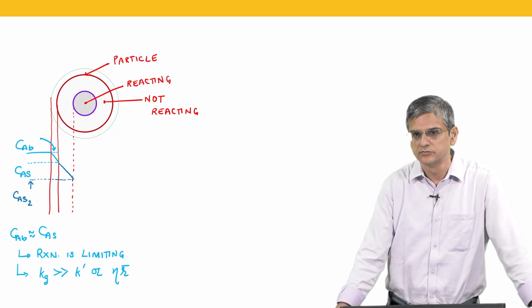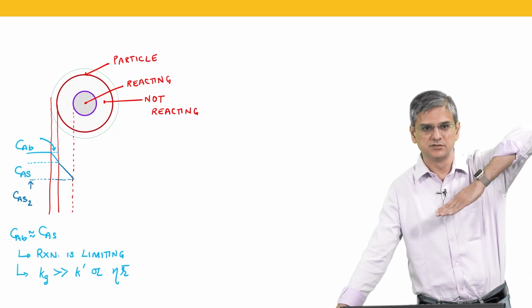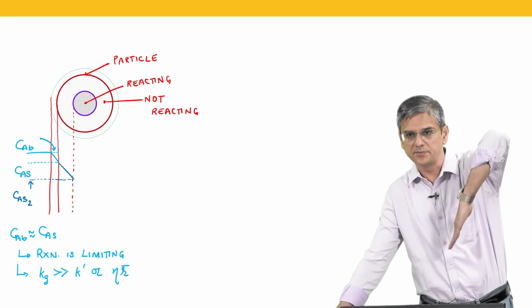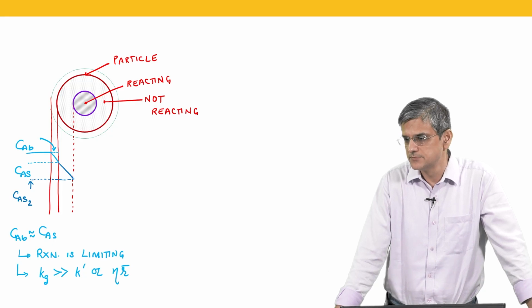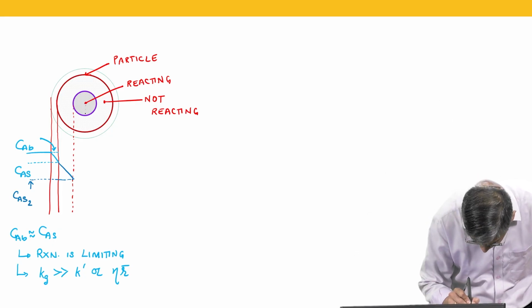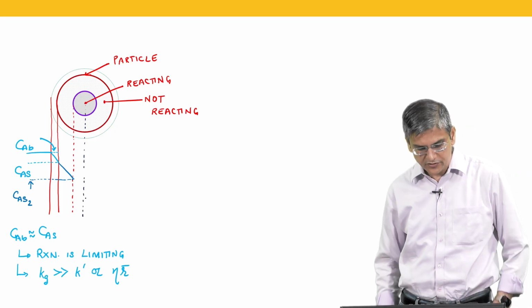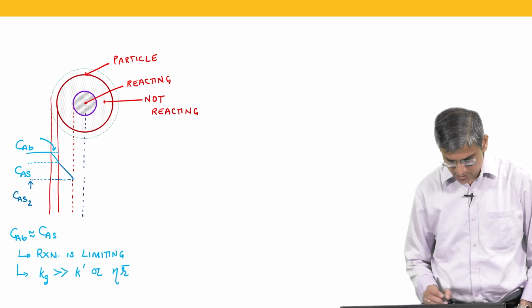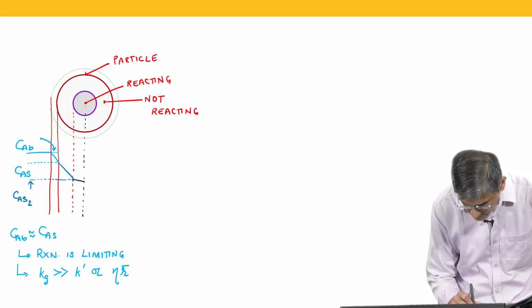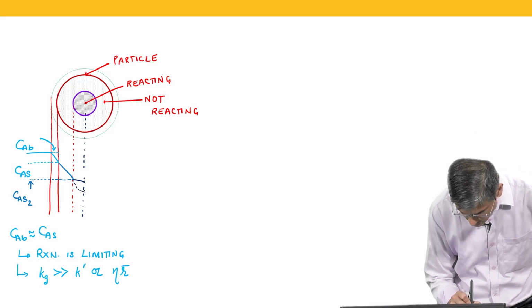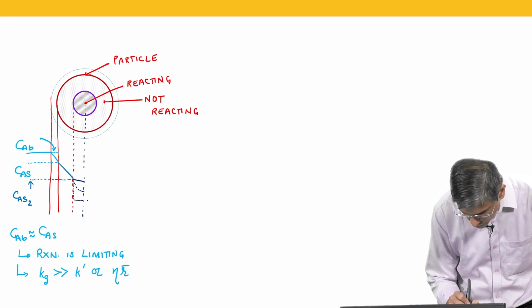CAS. Usually the slope of the gas phase is going to be less steep compared to the slope of the solid, but does not have to be. Thereafter, inside the pellet, you might have the case like this, or the case like this, or the case like this.